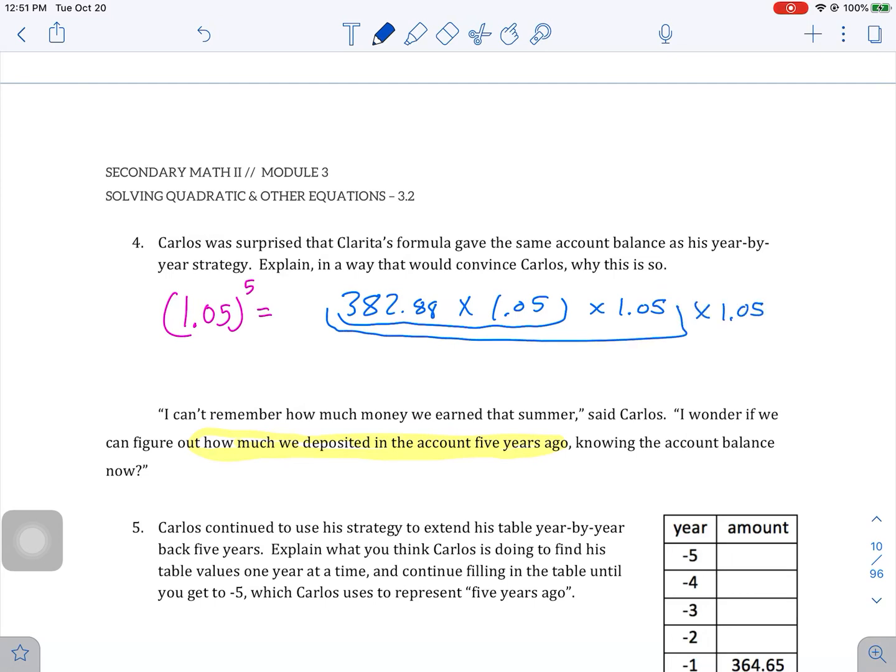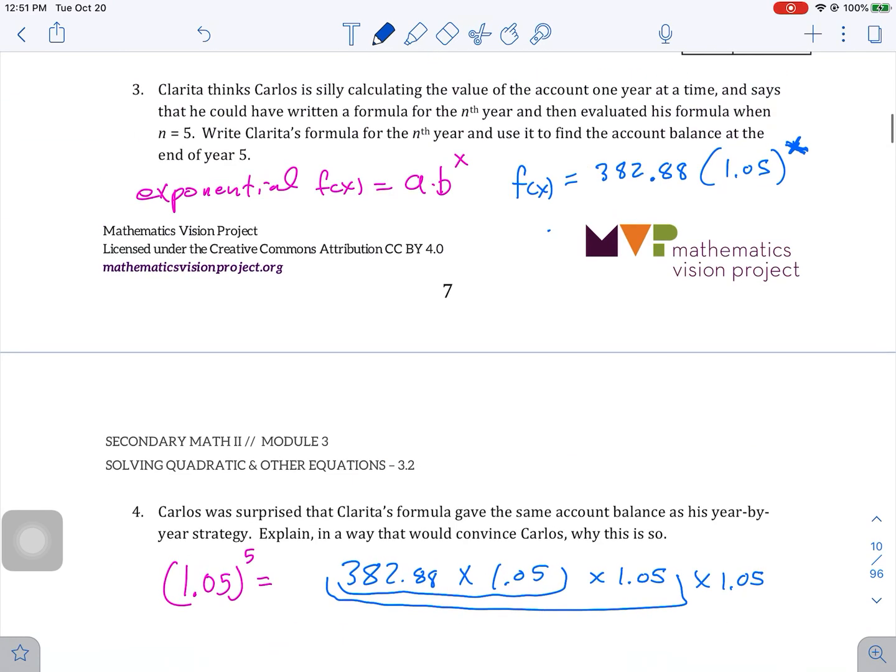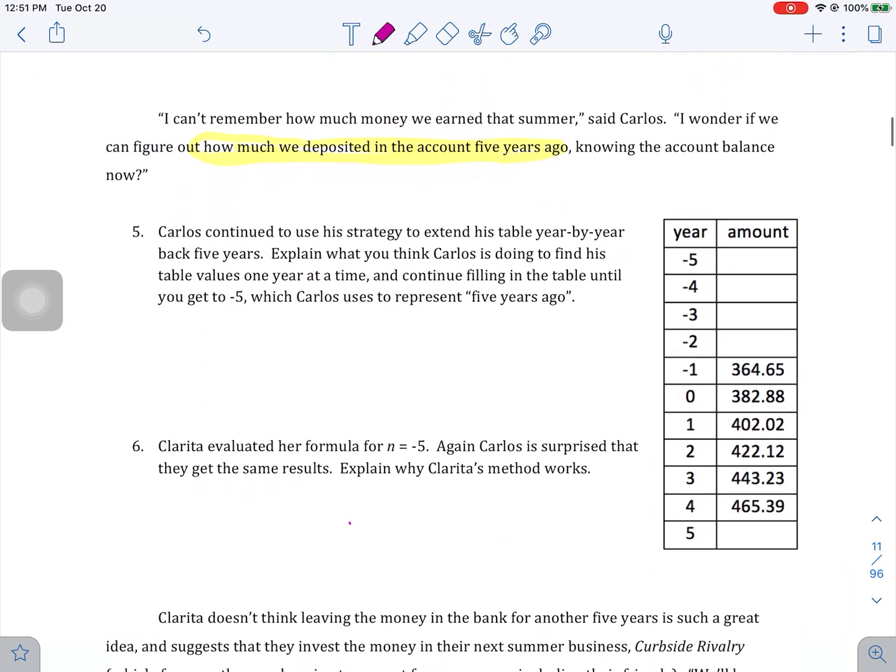You do that 5 times, right? And so, therefore, that's going to give us the same thing as if we use this function, but instead of x, let's say we want 5 years, we can say to the 5th power. Right, and that's how many times we're multiplying it.